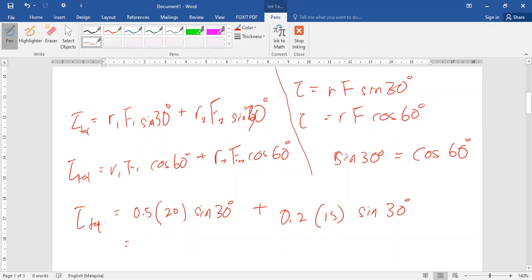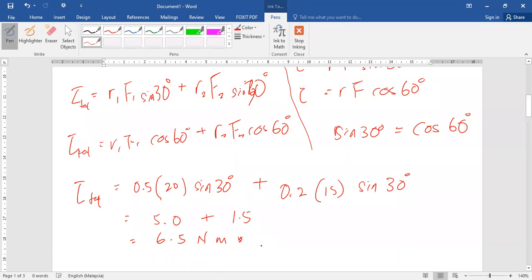At the end, I will get 5.0 plus 1.5. So it will be 6.5 Newton meter. So this will be the torque of the arm, the object on the arm. Get it?